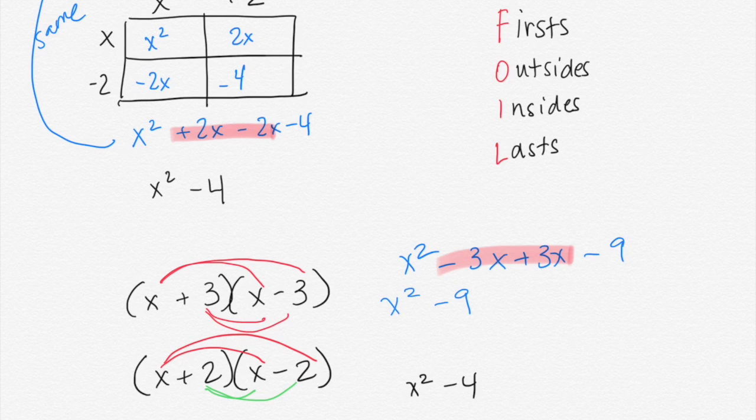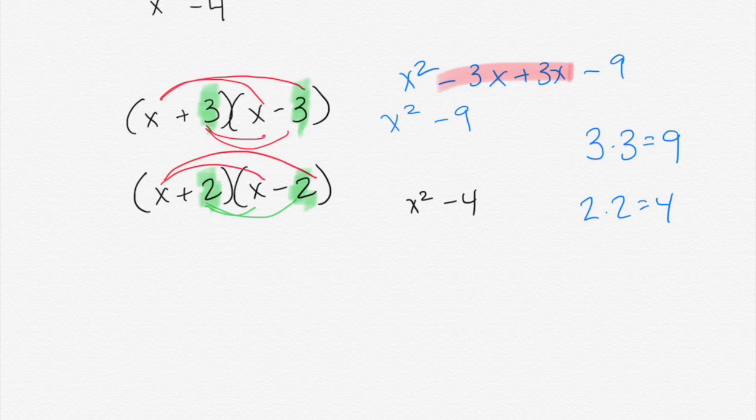What you should notice is that the number that we ended up with was actually a square of the factors of these numbers, because these numbers are the same, 3 and 3. Then our last number was a 9. And so there is a difference of sign. You're going to get a negative 9, and then you're going to get a negative 4 for the second problem. But you're basically going to get the perfect square of these factors. And so that is what we call a difference of squares.